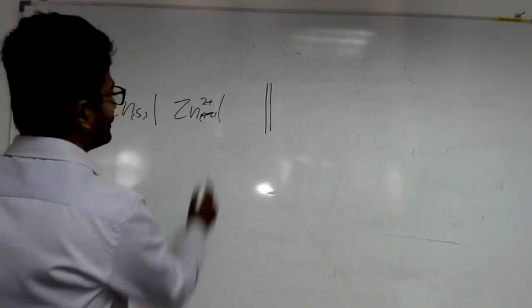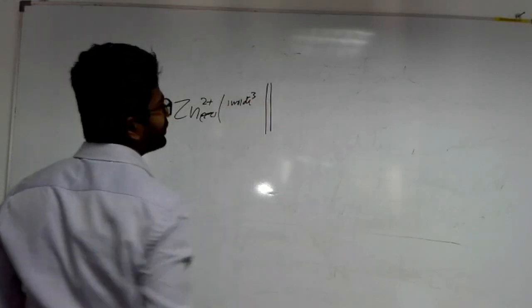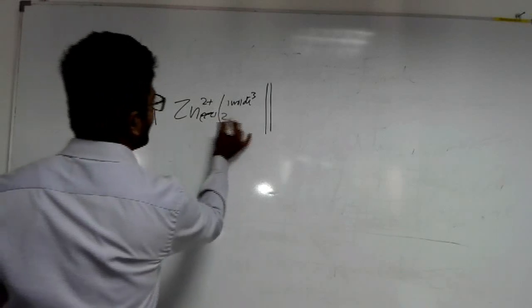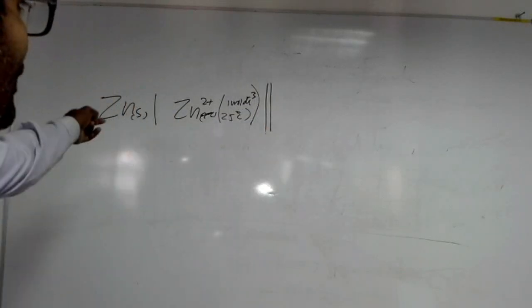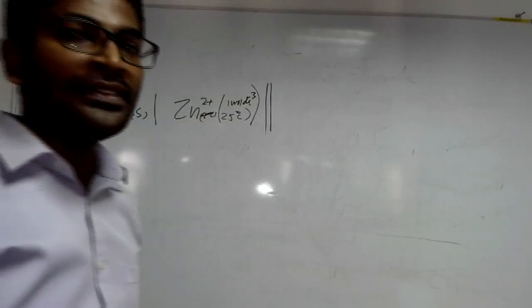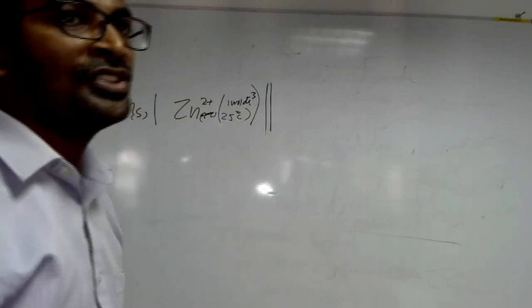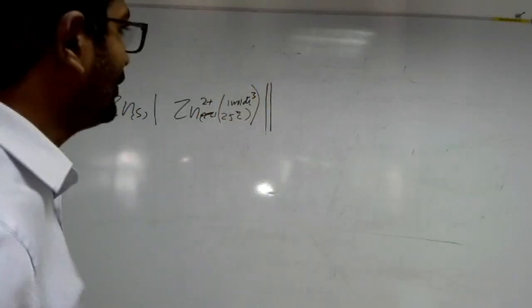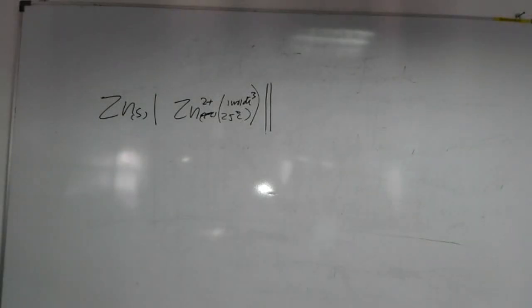What is the concentration here? Normally we use 1 mole per cubic decimeter, and we also mention the temperature. So the oxidation part you write like this, and on the other side you write the reduction part. In this notation we use the oxidation part on the left side and the reduction part on the right side.